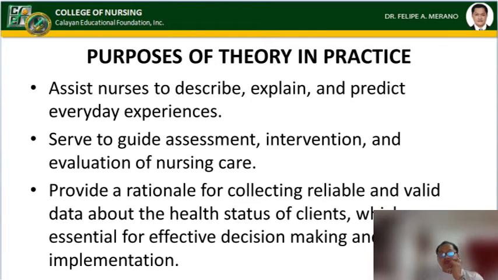Since you made a mistake providing unreliable data to the doctor, the doctor will create a prescription for high blood pressure. So now you will give the medicine to your patient and it will have a bad effect on your client, since the BP of the patient is not 140 over 90 but 90 over 60.